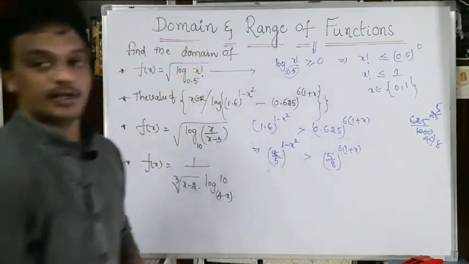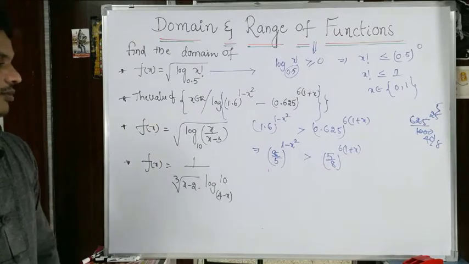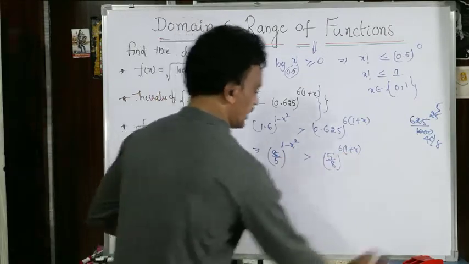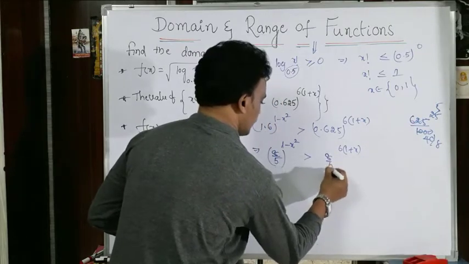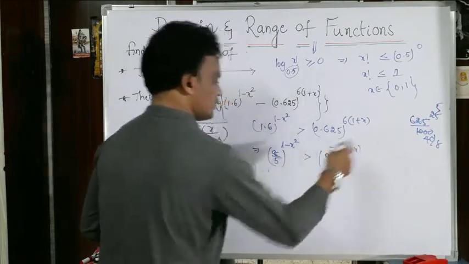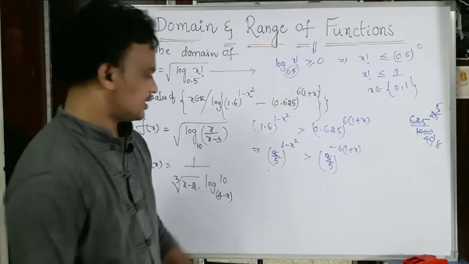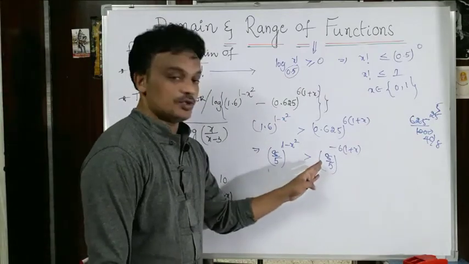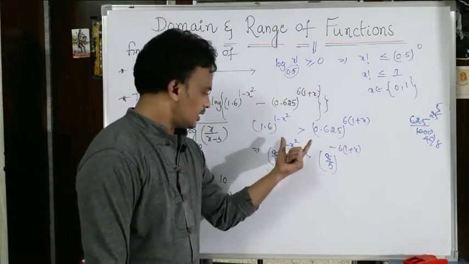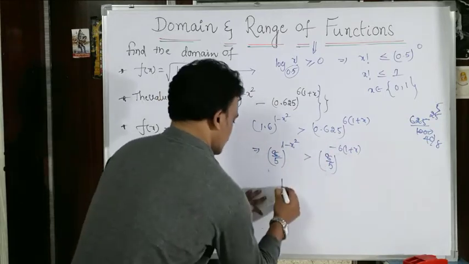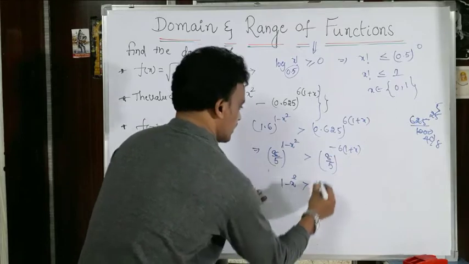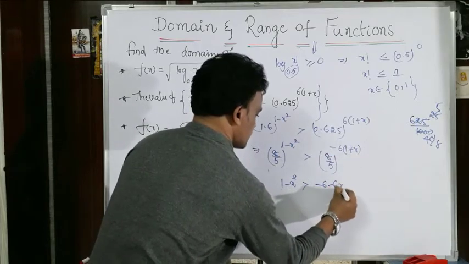The same thing can be written as 8 by 5 to the power minus log of 1 plus x. Both sides have the same base, which is greater than 1, so we can use the same inequality for these powers. So I can write 1 minus x square is greater than minus 6 minus 6x.